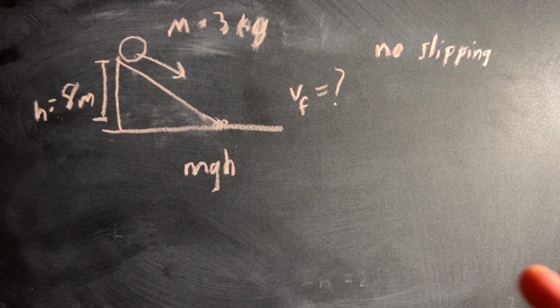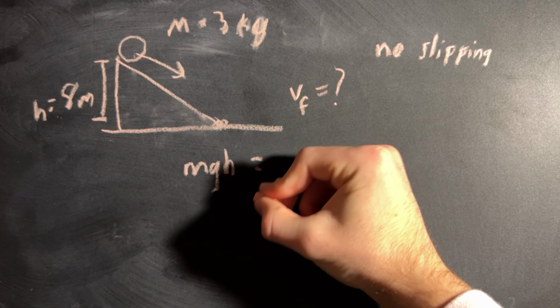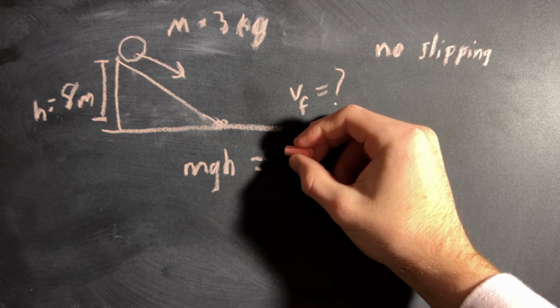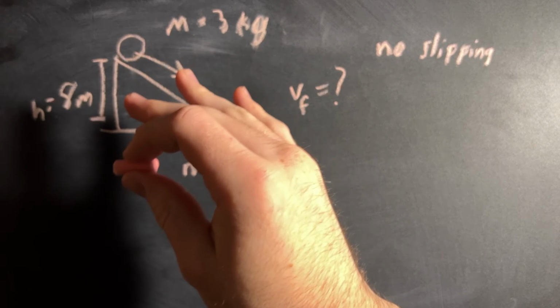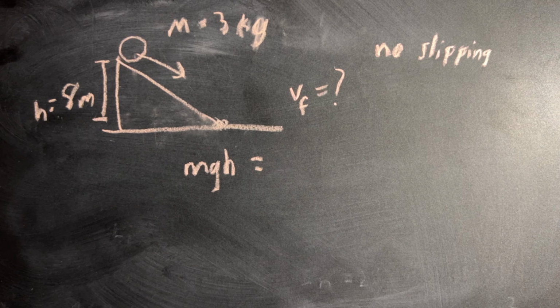This will be helpful to know later, and I'll tell you why. So, we have mgh, and this will be equal to the final kinetic energy plus the final rotational energy.